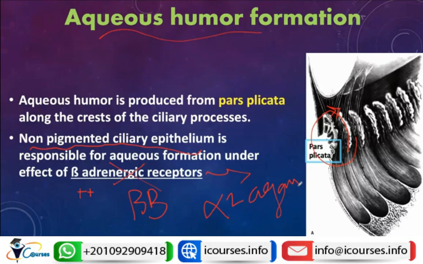Alpha-2 agonists stimulate the alpha-2 receptors, causing decreased aqueous formation, while alpha-2 blockers, the inhibition of the alpha-2 receptors, will cause an increase in aqueous production.